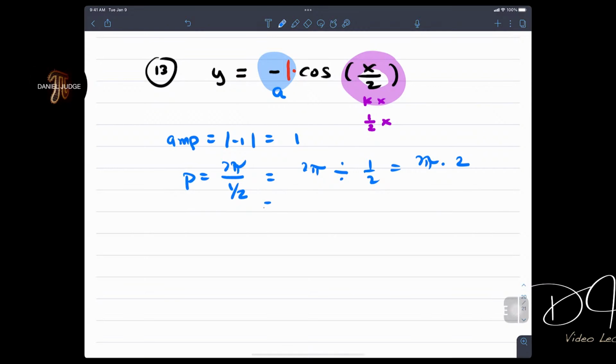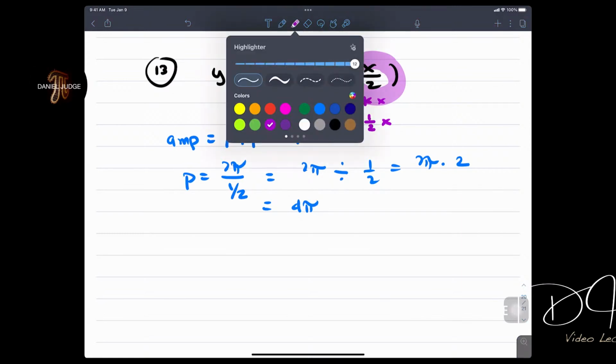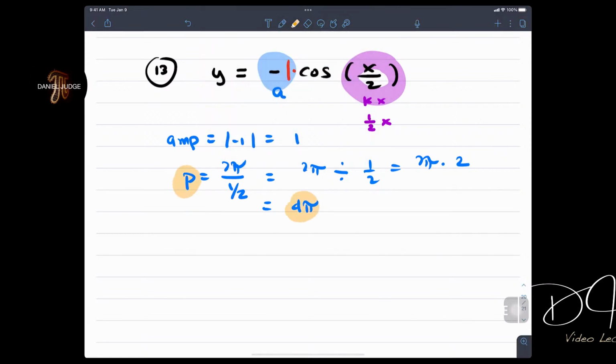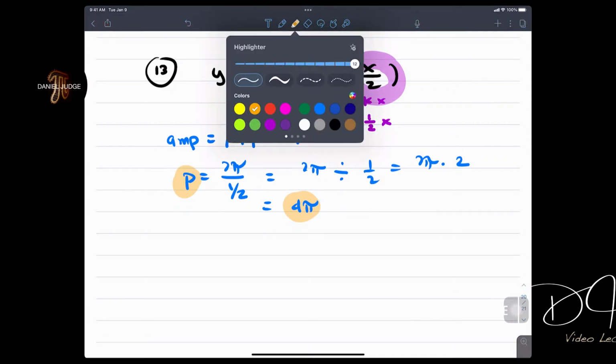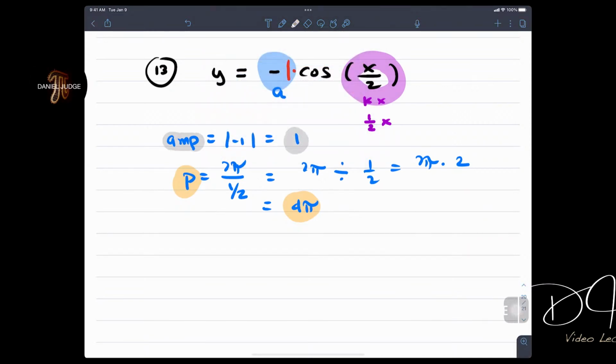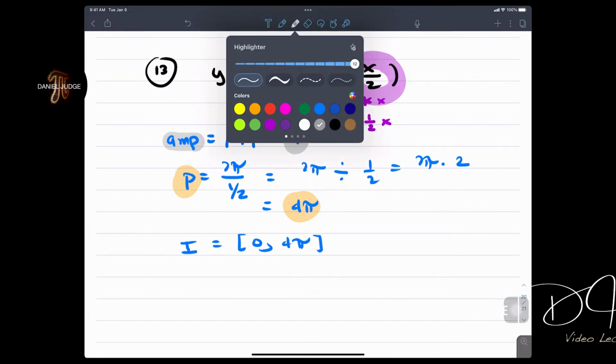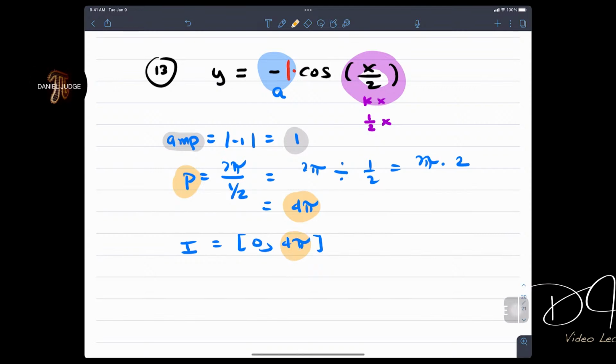Your period, ladies and gentlemen, is going to be 4 pi. Amplitude, period. Interval of 1 cycle: 0 to what? 4 pi. And there you go.